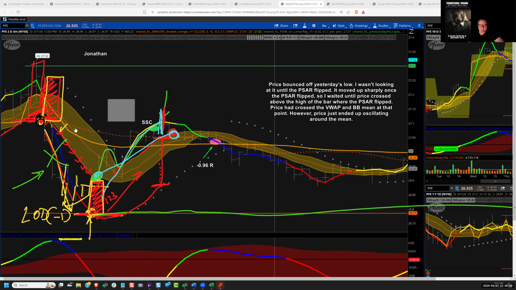And that looks like about 1-ish, approximately 1. Now, instead of getting long here and short there, I can now be tilting this thing in my favor a little bit.